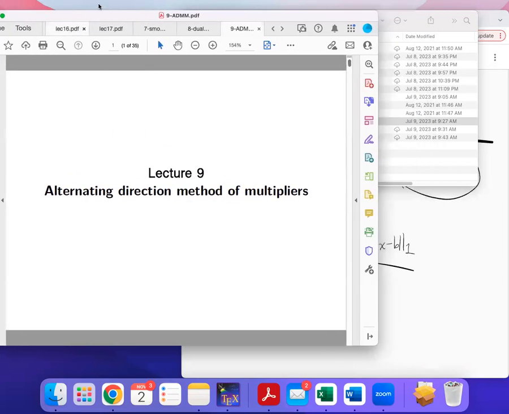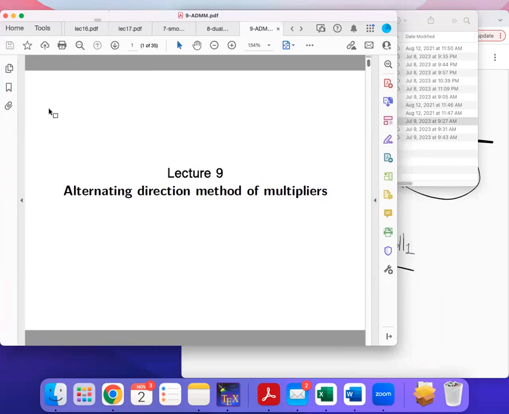And the next lecture would be about the alternating direction method of multipliers. This is a very popular algorithm in machine learning and many other application domains.